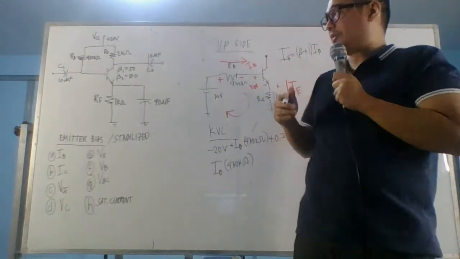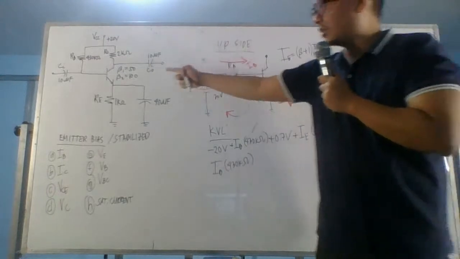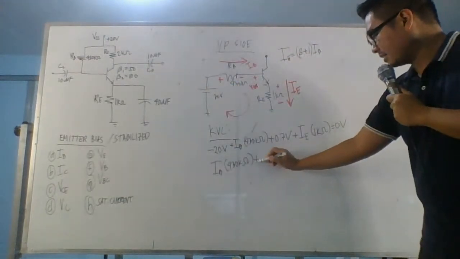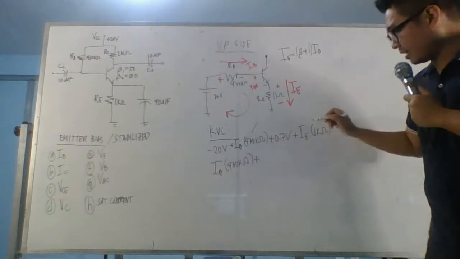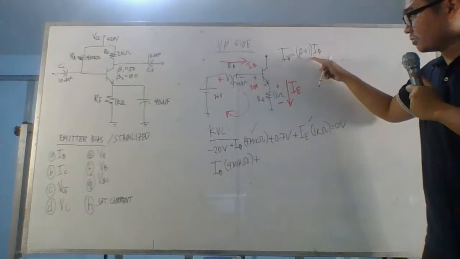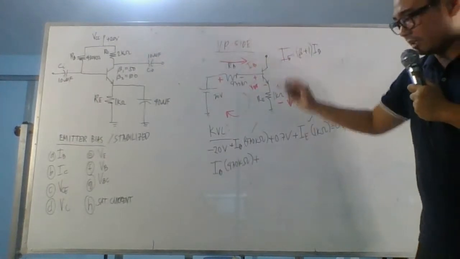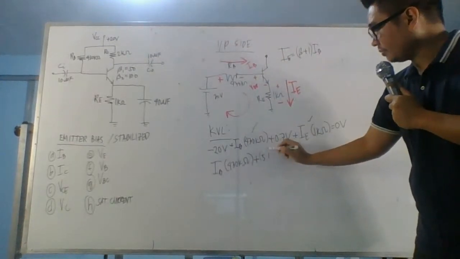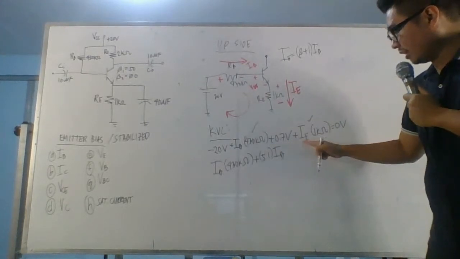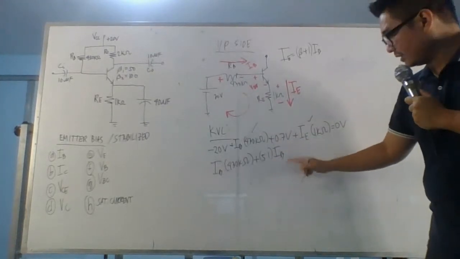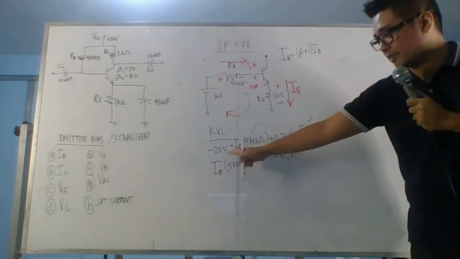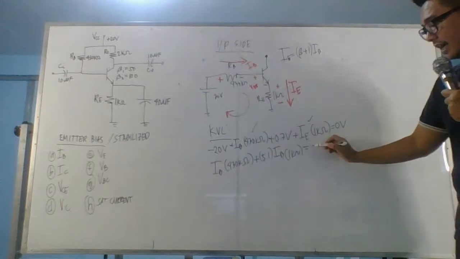This afternoon. Okay? So 50 yung isosolve natin. Okay? We have plus. So again, instead of using IE, ito yung gagamitin natin. So we have beta plus 1. 50 plus 1 is equal to 51 times IB. So, ito, naging ganito na. Okay, times 1K equals, ita-transpose natin sa kabilang side yung lahat ng constants.